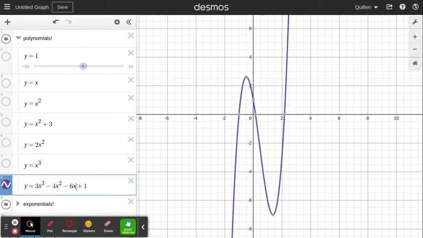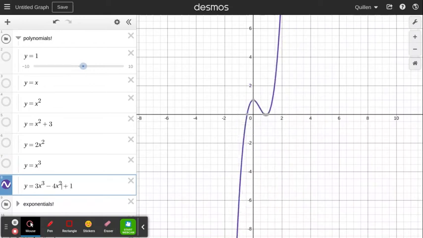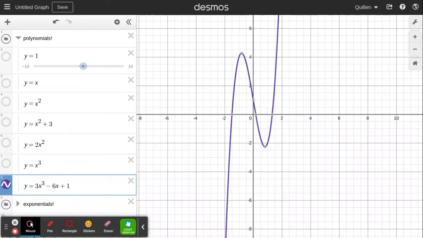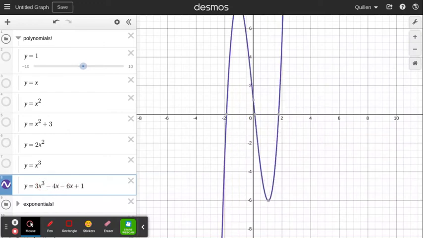And then this 6x, you'll notice if I take it out, it also makes that wibble wobble bigger. So the x squared part makes the wibble wobble appear, and you'll notice if I delete it, it moves around. But the wibble wobble also got just a little bit smaller.